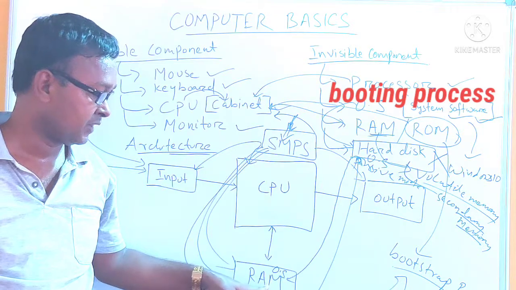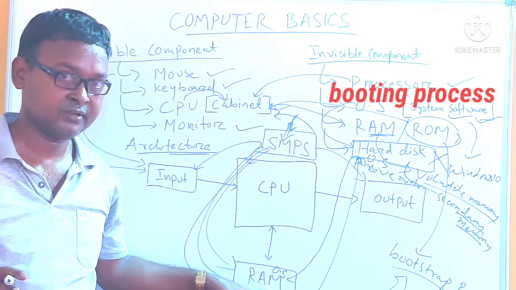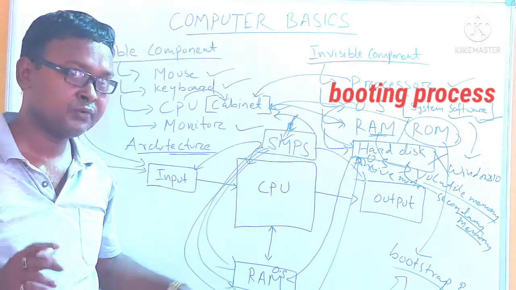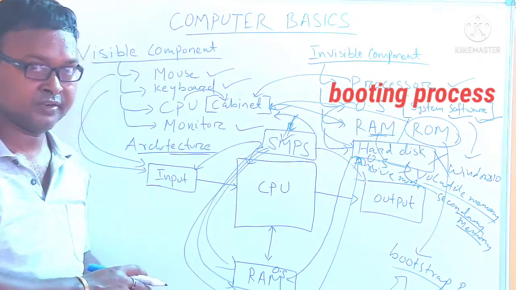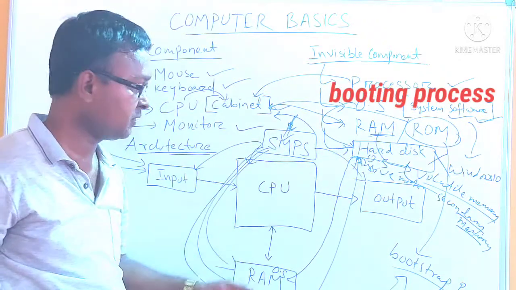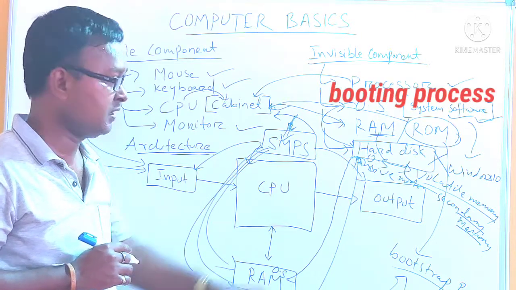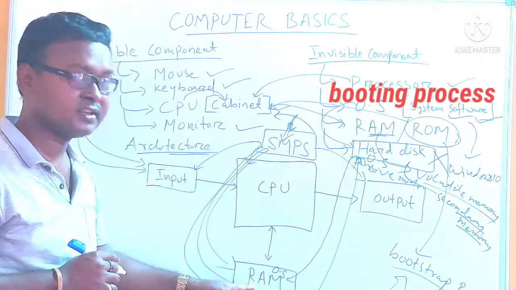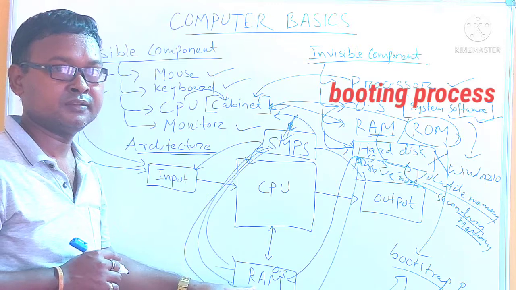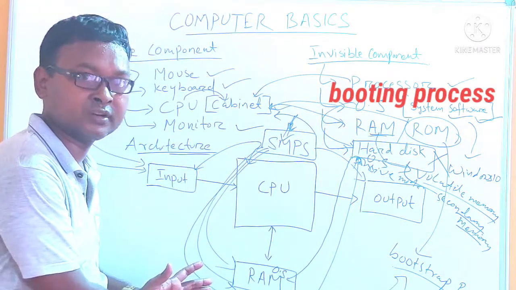Without RAM your computer system won't work. So why RAM is important, you came to know right now, because the operating system is also very important. Without RAM you cannot store your operating system, as the operating system has to be installed in the RAM to make your computer system work.